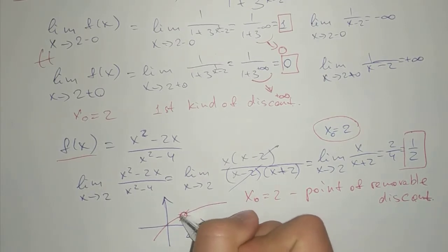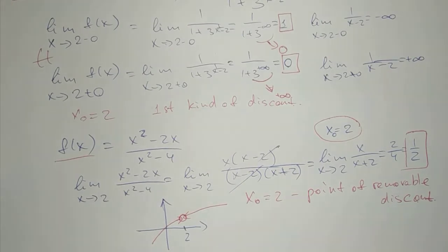At the point 2 it's not defined, that's why we denote it by this circle. So 2 is not included in the domain of this function. In this point the function is not defined, but there exists a limit. We call it the point of removable discontinuity.